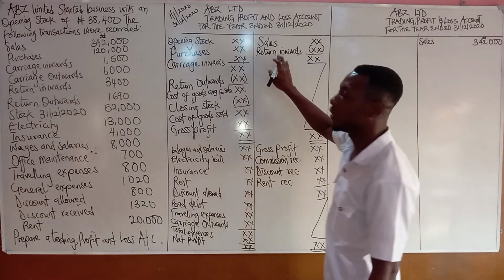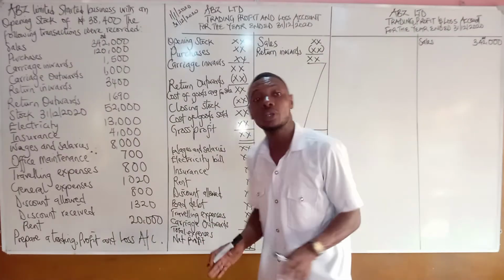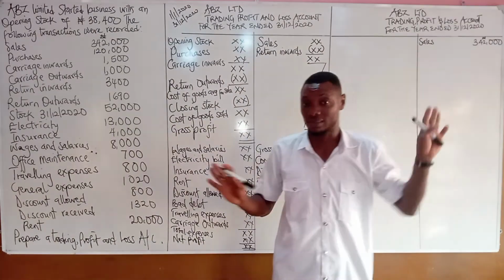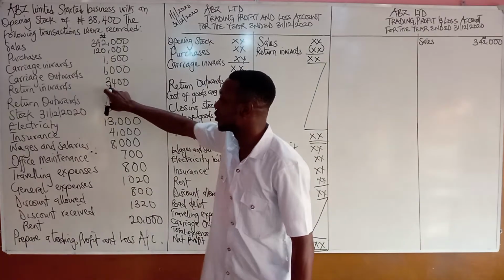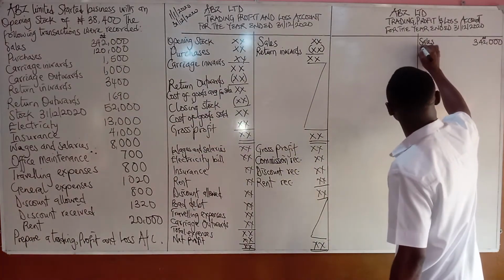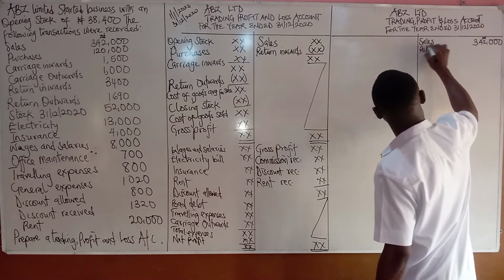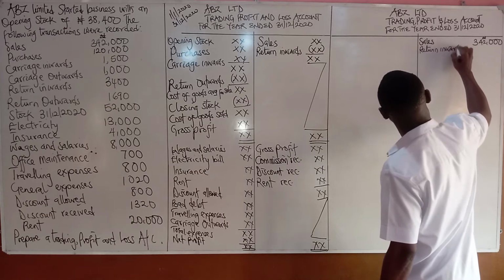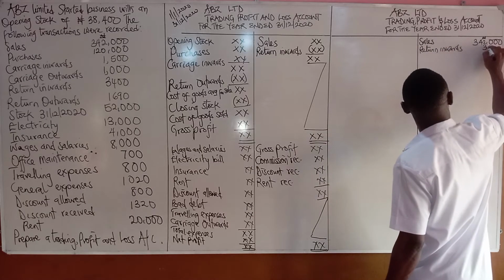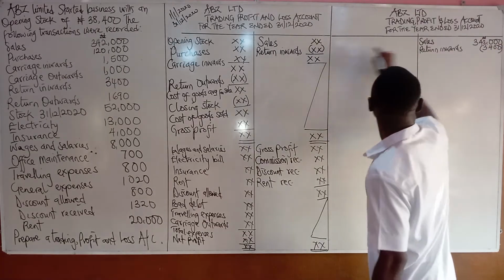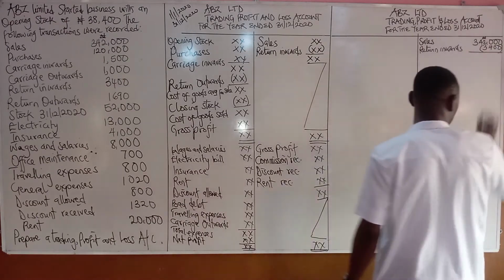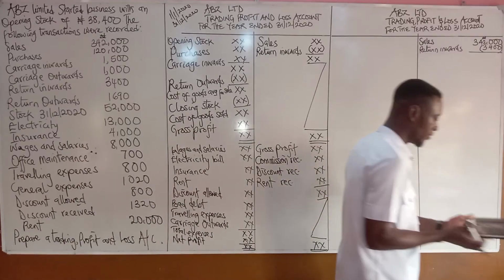Now we are looking at this now. What next after sales? Return inwards. Now, if there is no return inwards, we'll leave it like that and proceed. But because there is return inwards, 3,400, I'll put it. Return inwards, 3,400. Now, what do I say? We'll subtract. So I'm subtracting 3,400 from that.